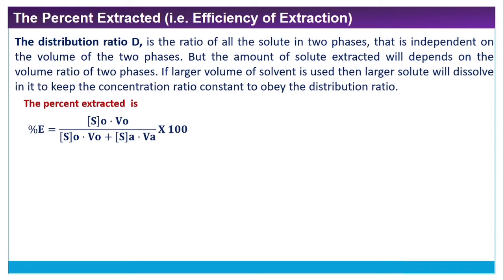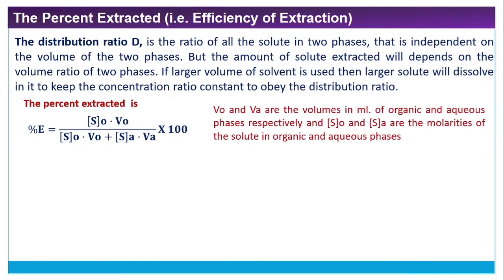Thus, the percentage extracted is given by the formula: percentage extraction is equal to the concentration of solute in the organic layer times the volume of the organic layer, divided by the concentration of solute in the organic layer times the volume of the organic layer plus the concentration of solute in the aqueous layer times the volume of the aqueous layer, multiplied by 100. So this is the formula for the percentage extracted.